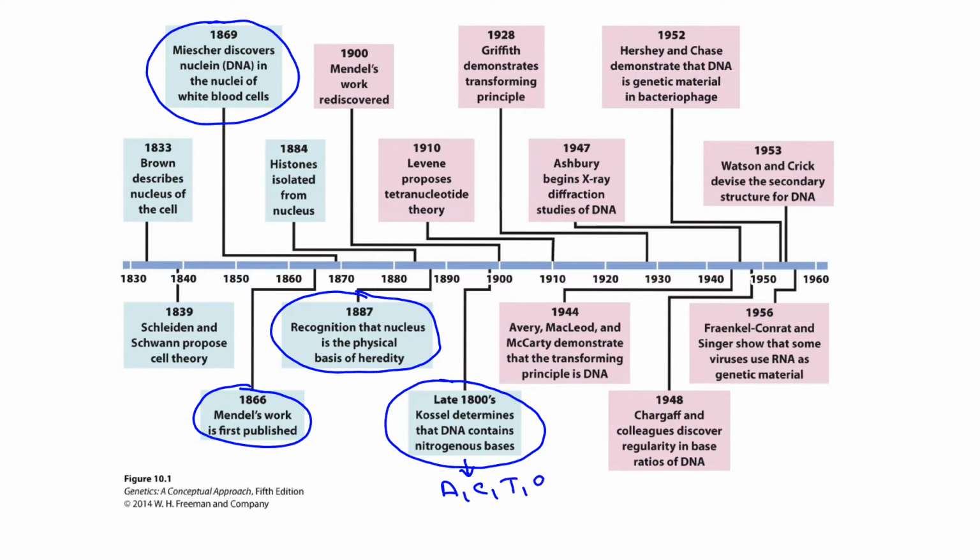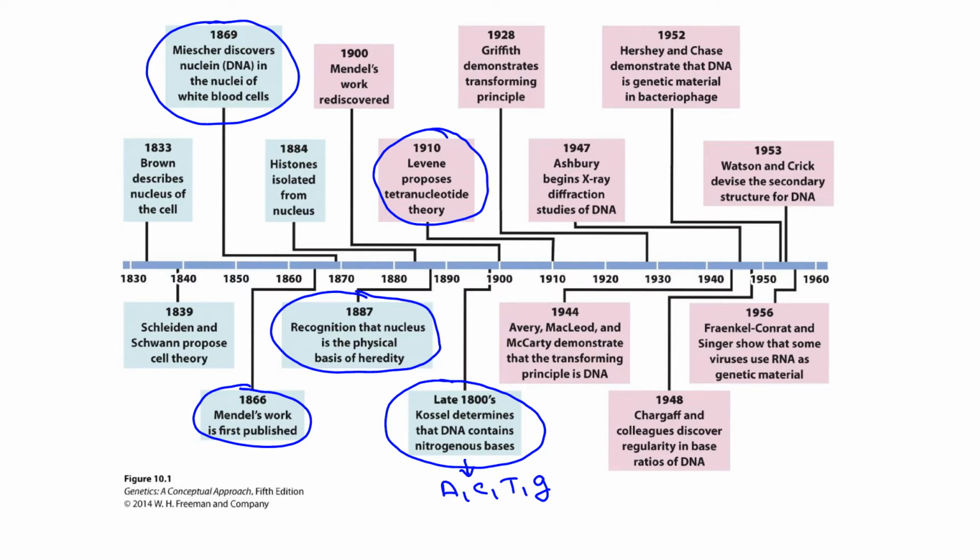Nitrogenous bases were discovered already in the 19th century, and this was huge progress. However, based on his discovery, Levene at the beginning of the 20th century proposed the tetranucleotide theory, which actually pushed back the understanding of DNA as a material which encodes genetic information.